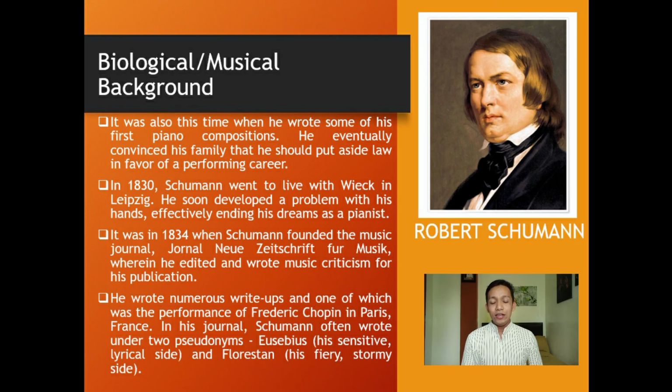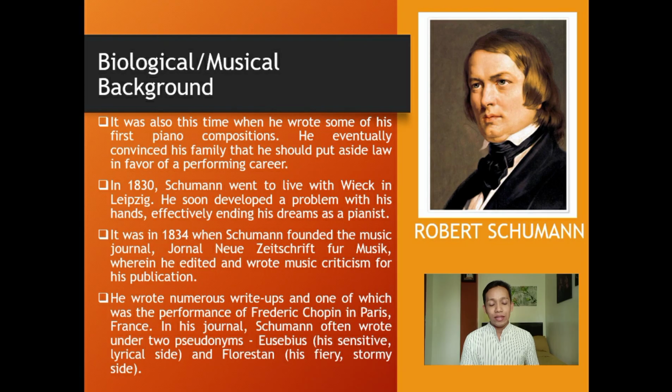In 1830, Schumann went to live with Wieck in Leipzig. He soon developed a problem with his hands, effectively ending his dreams as a pianist. In 1834, Schumann founded the music journal Neue Zeitschrift für Musik, wherein he edited and wrote music criticism for his publication.